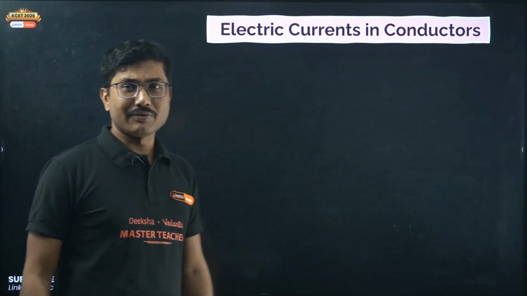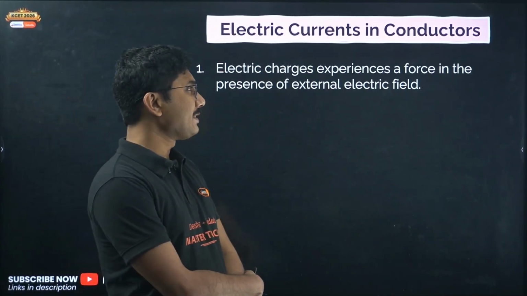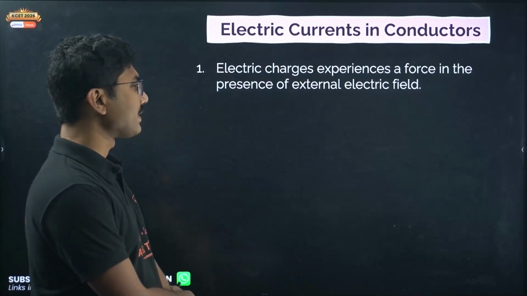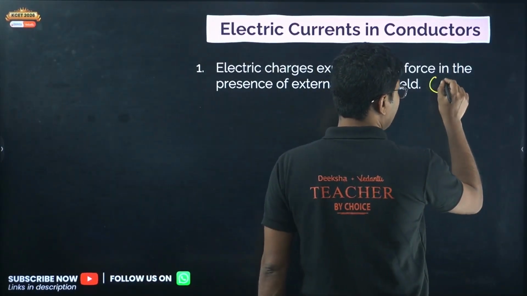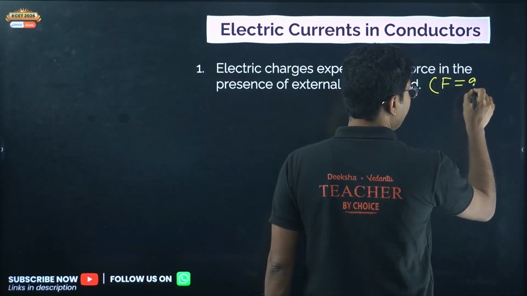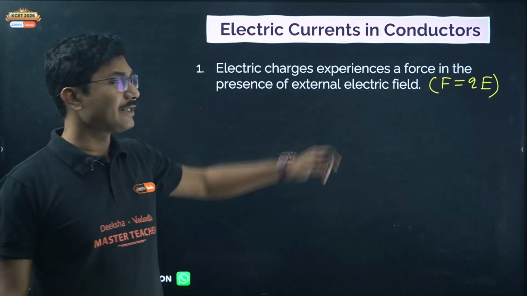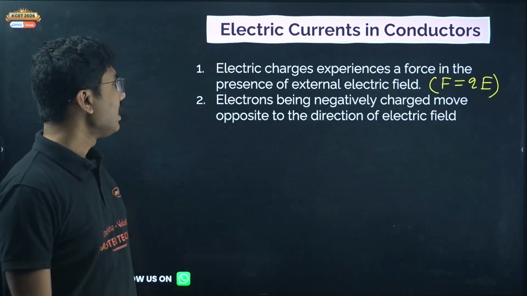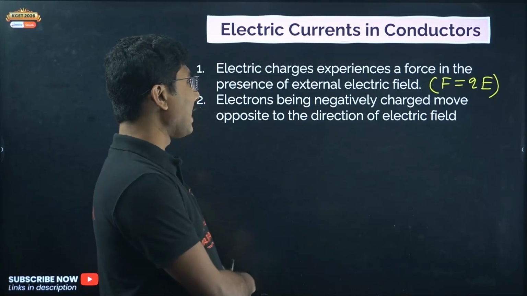Now let's move on to electric currents in conductors. Obviously conductors are required for electric current to pass. Electric charges experience a force in the presence of an external field. This is the Coulomb force, and that force is given by qE. We have studied this in our electric charges and fields chapter. Electrons being negatively charged move opposite to the direction of the electric field.